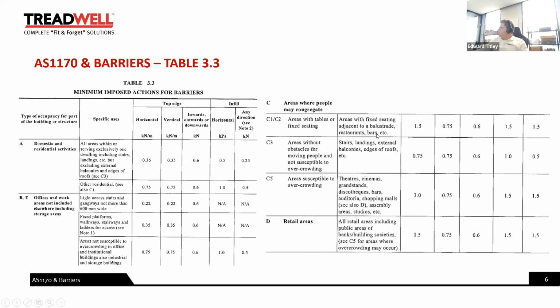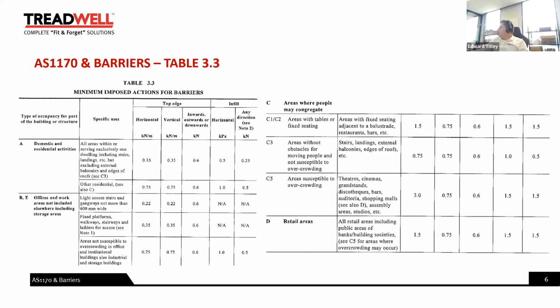So from left to right, horizontal, vertical, and inwards, outwards, downwards, kilonewtons per meter on the top edge of the handrail, and then next the infill. So top edge horizontally, 0.75 kilonewtons per meter for a C3 handrail. Also the same vertical, and inwards, outwards, or downwards, 0.6 kilonewtons as a concentrated load.